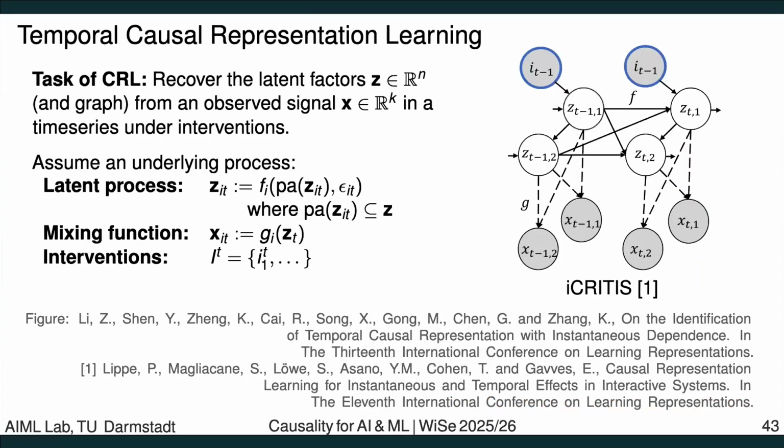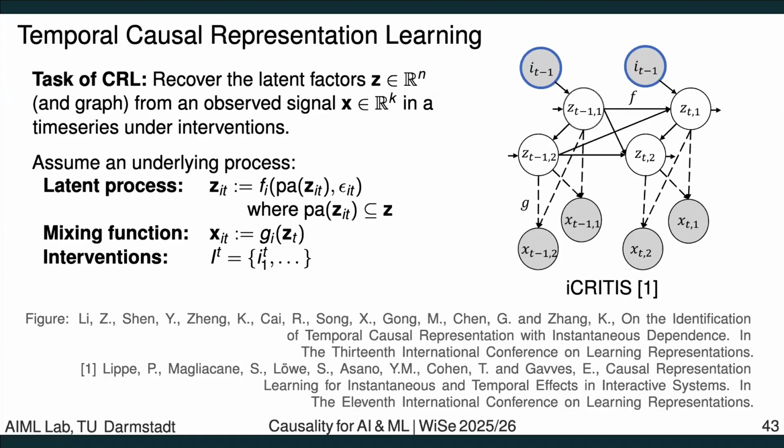Right. So then maybe look at the temporal setting. There is a bunch of works by Phillip Lippe and so on. There is a method called CITRIS, and here we have a setting of iCITRIS, and this iCITRIS is for instantaneous CITRIS.